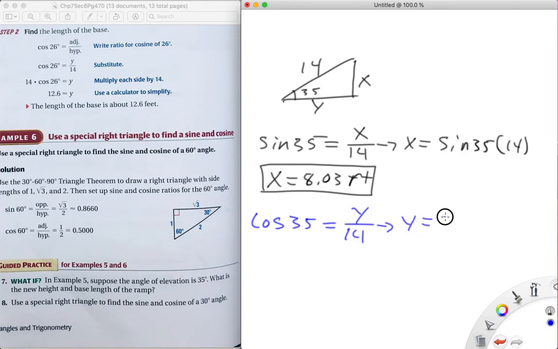So y is equal to cosine of 35 times 14. That equals 11.47 feet.